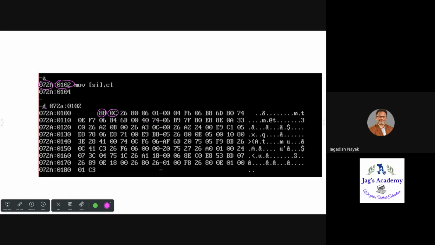So this is the code segment address, this is the segment address, and this is the offset address. In this offset address, see how this is stored. What you see is the memory. This is the way you can look into the memory.